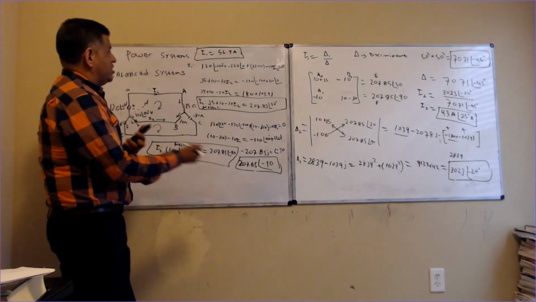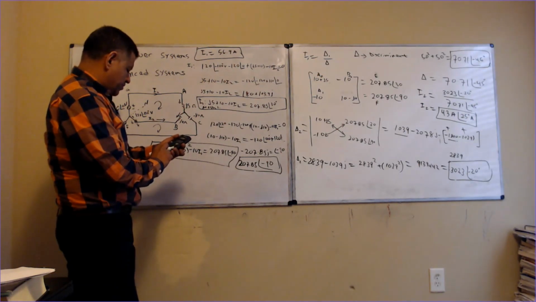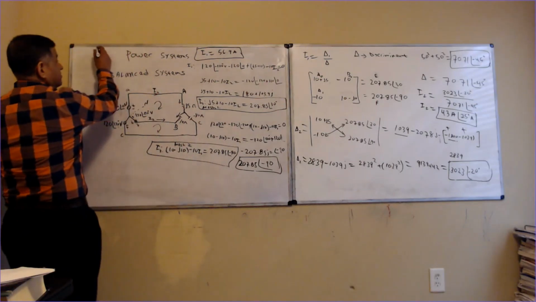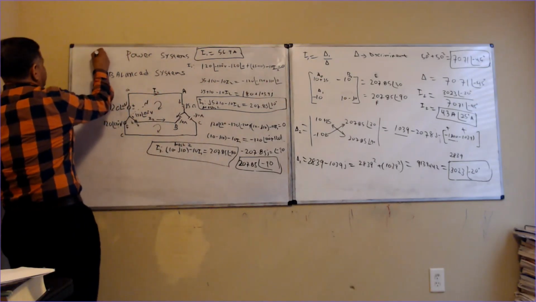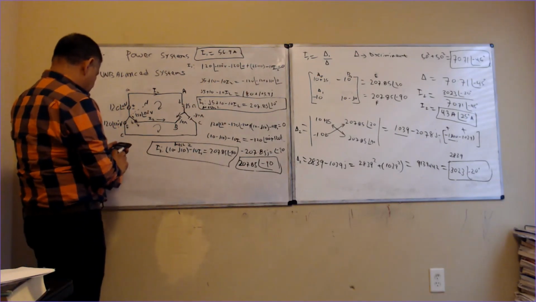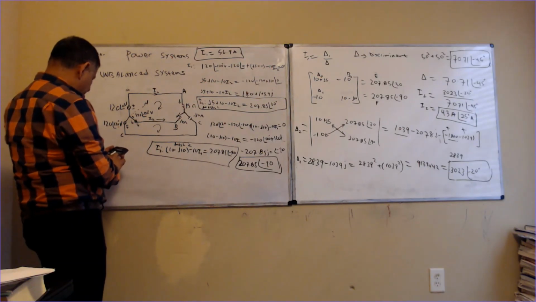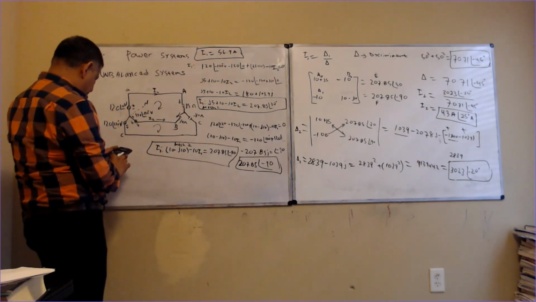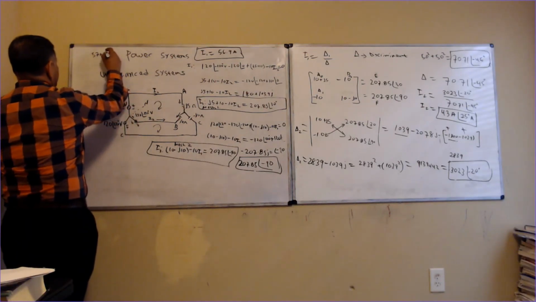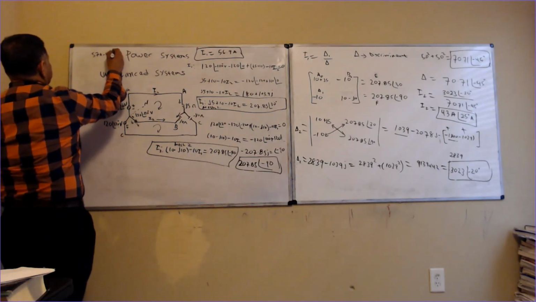Pretty close. If I round it up to 57, so 57 amps, and the other one is 43, so it's 14 amps of difference.